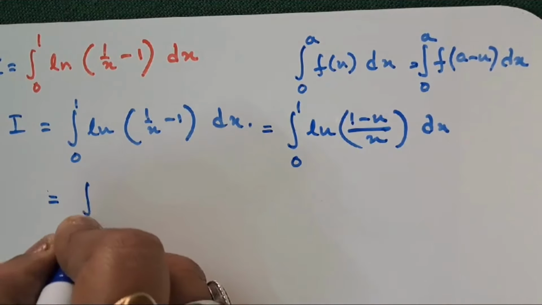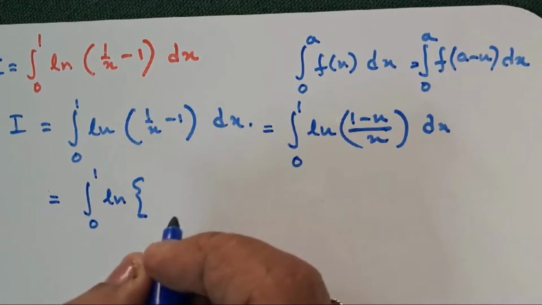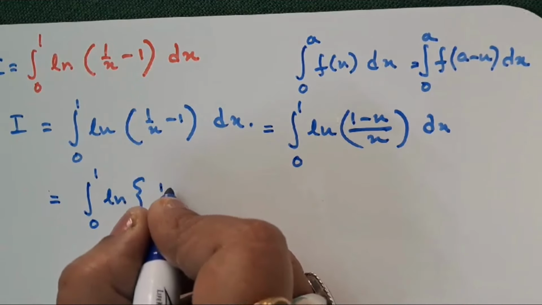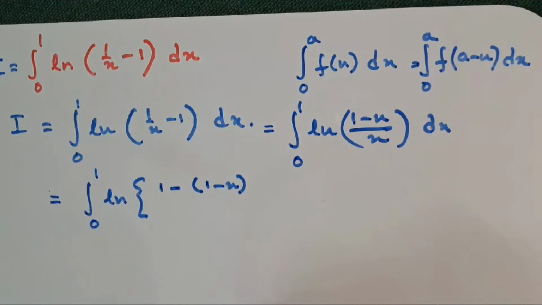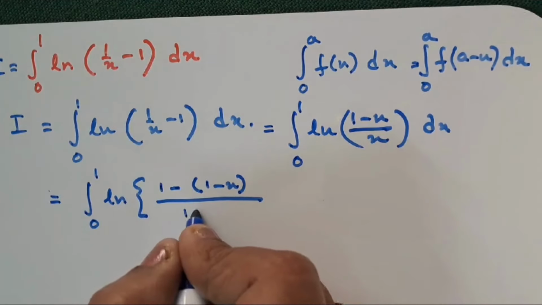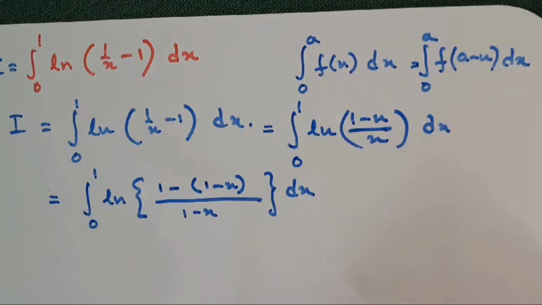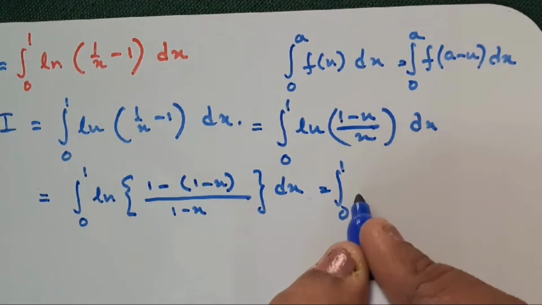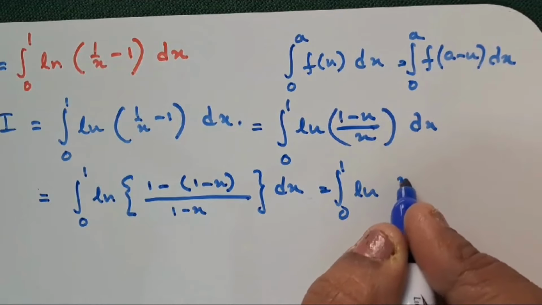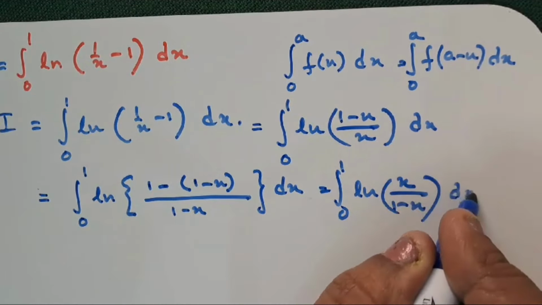So then what it becomes, in place of x I will substitute 1 minus x. So this becomes (1 minus (1 minus x)) by (1 minus x) dx. So when we open the bracket, it comes as integration 0 to 1 ln of x/(1 minus x) dx.